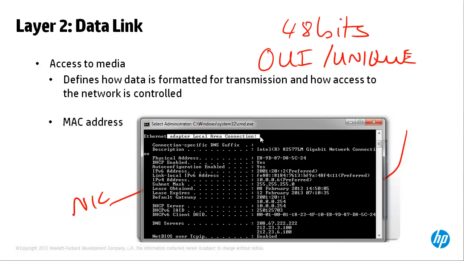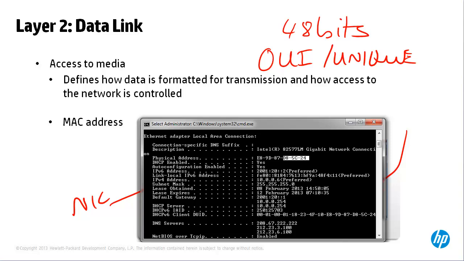So notice on my Ethernet adapter local area connection, I can see the physical address written in hexadecimal as follows. This portion identifies the vendor, or the OUI, organizational unit identifier, and this is a unique value assigned to this network interface card, or NIC.